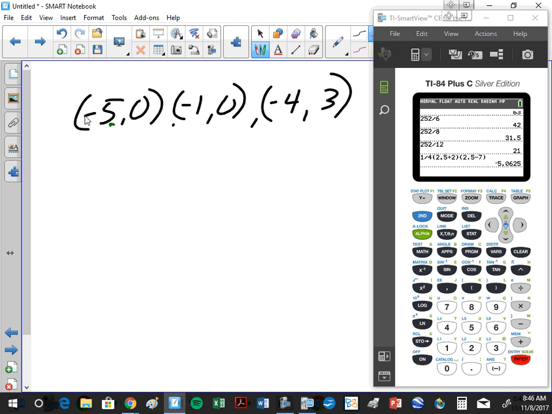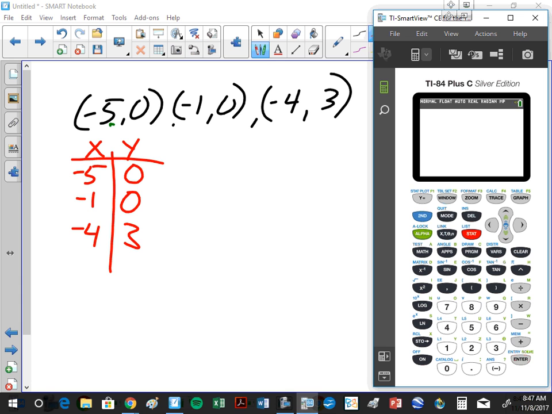What we need to do is plug all of these points into our stat. And I'm going to put them in a table so you can see how it's supposed to look. x and y. It doesn't matter what order you put the points in. You just have to make sure that each x is connected to the appropriate y.